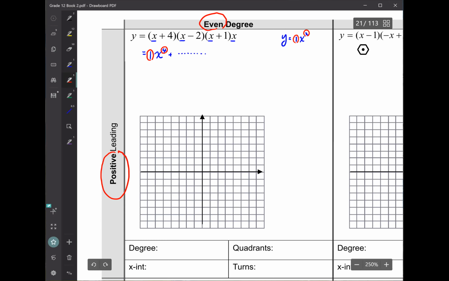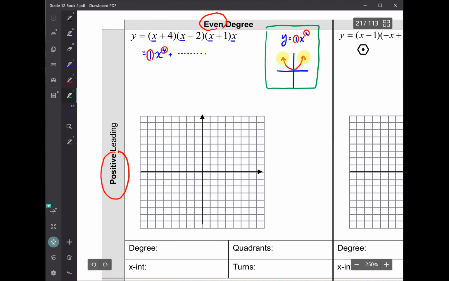So even and positive. This graph you already know. This one is a parabola. We can draw that out. So all the even and positive will have the same location for arrows. So you have arrows in quadrant 1 and 2. You use this one to remember the rule.